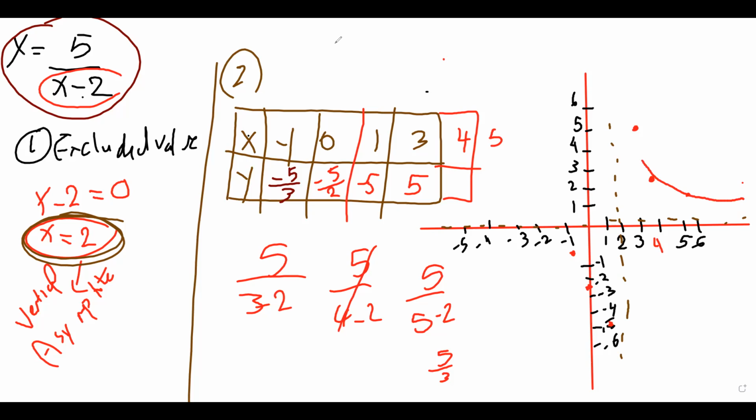So as you see here, let's now plot the numbers like this. We plot the points, except the excluded value. When you draw it, this is the vertical asymptote. My curve didn't intersect the vertical asymptote and also didn't intersect my horizontal asymptote.